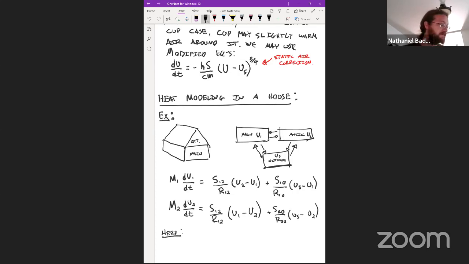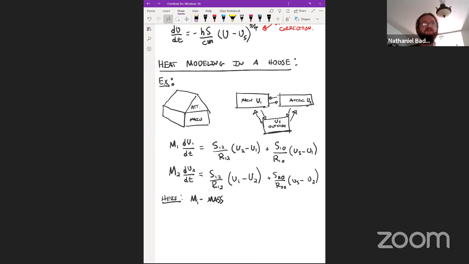So what are these terms here? Mi is roughly the mass of the material, the thermal mass, in each floor. This includes the air, it includes the building materials, it includes everything that's going to hold heat at a constant temperature.